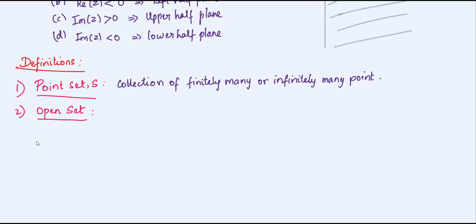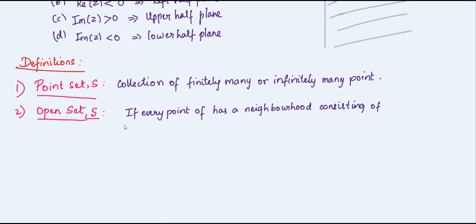Now, the definition is, a set S is open if every point of S has a neighborhood consisting of points belonging to S. That means you cannot have an end.